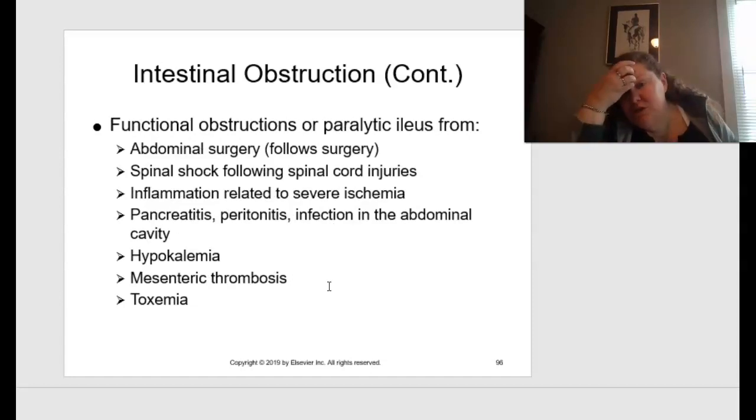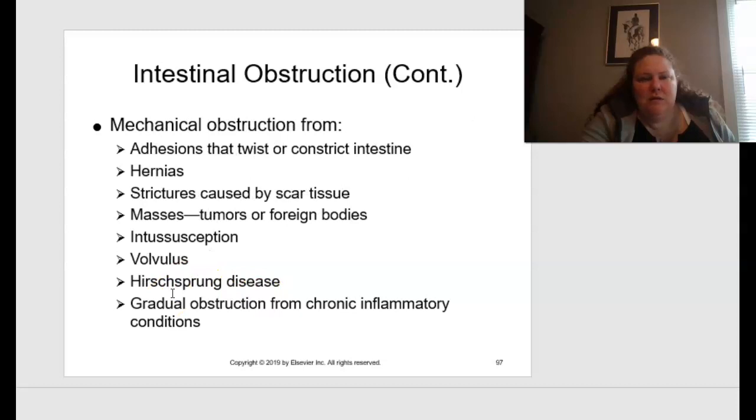The functional obstructions, or paralytic ileus, can occur from abdominal surgery, following the surgery, spinal shock following spinal cord injuries, inflammation related to a severe ischemia, pancreatitis, peritonitis, infection of the abdominal cavity, hypokalemia, mesenteric thrombosis, and toxemia.